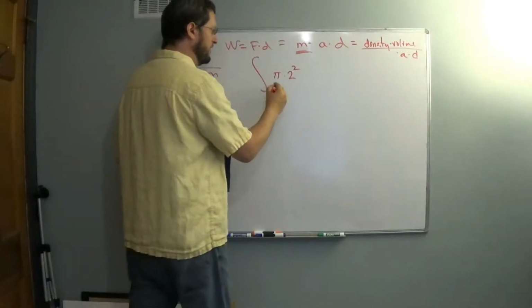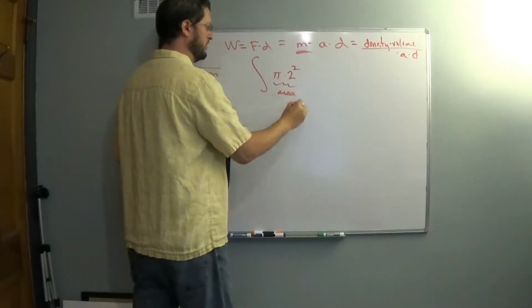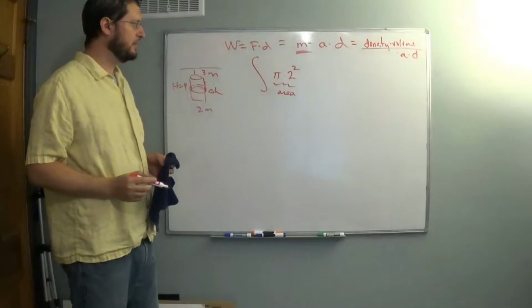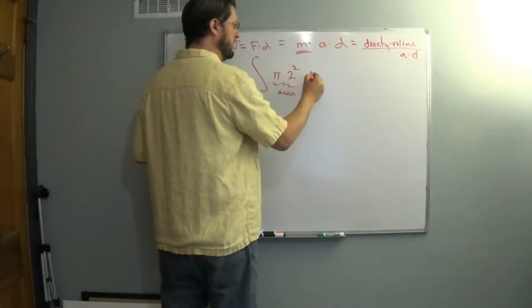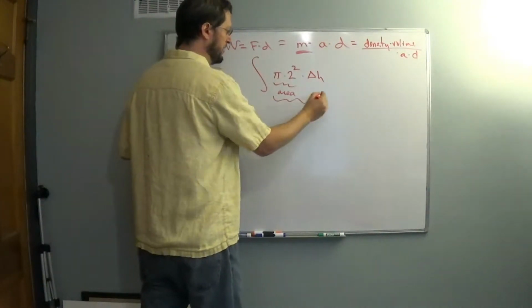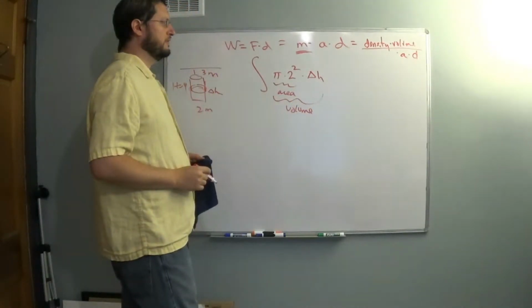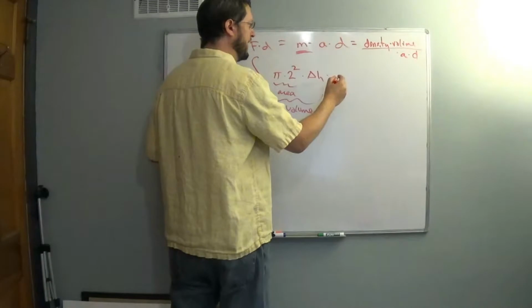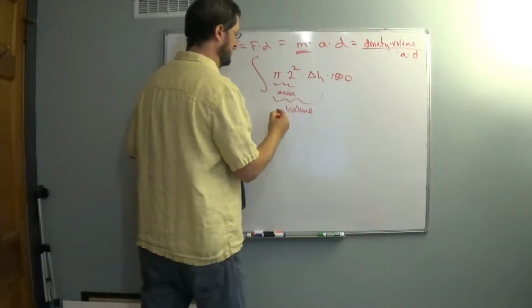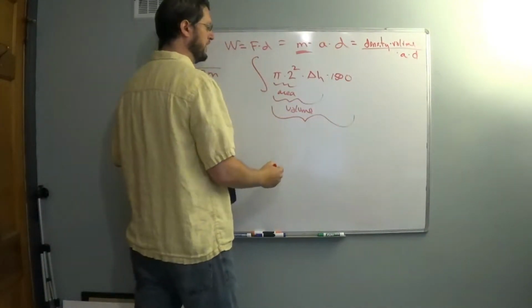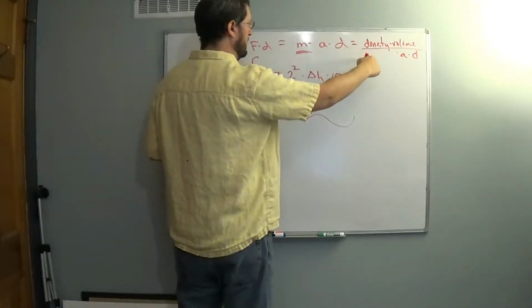Right, that's the area of the slice, and then multiplied by delta h gets me volume, and then multiplied by the density gets me the mass, right?